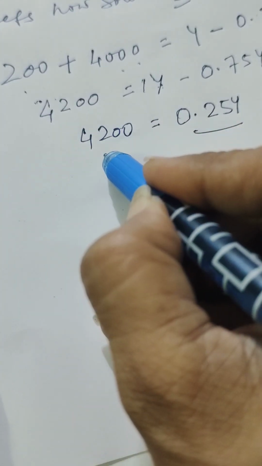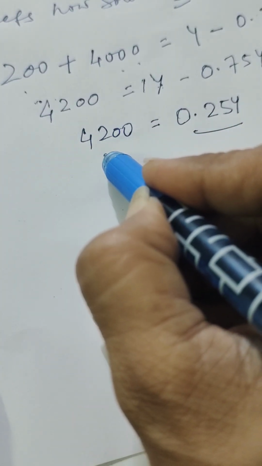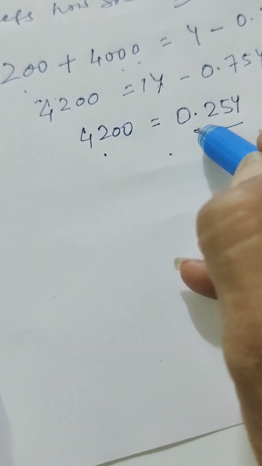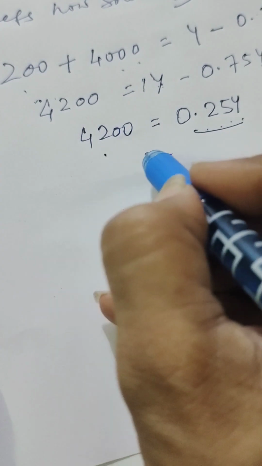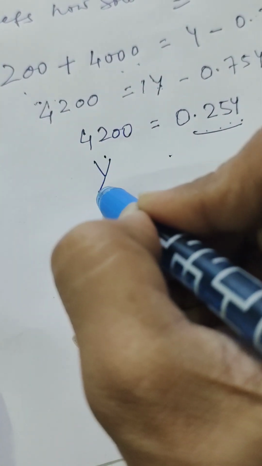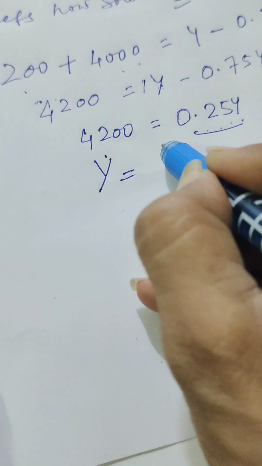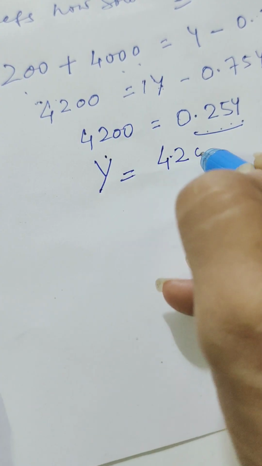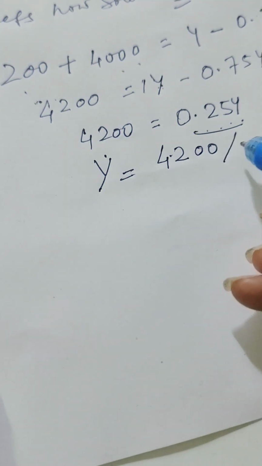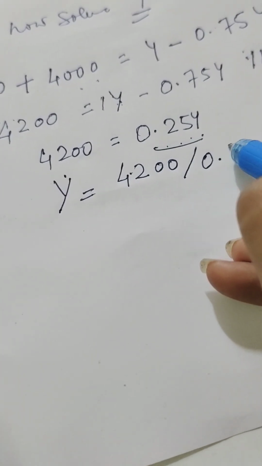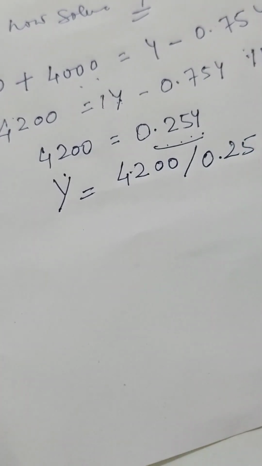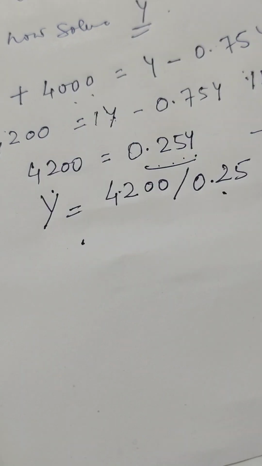So 4,200 is equal to 0.25y. Now let's take out the value of y. So write y is equal to 4,200 divided by 0.25.